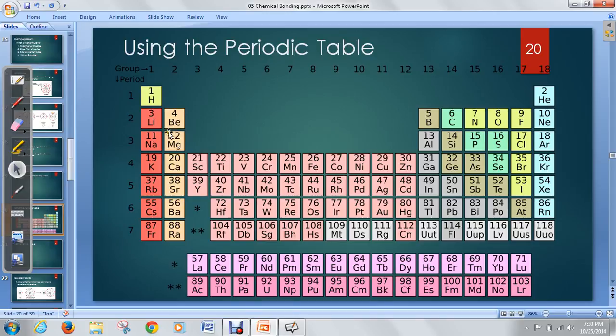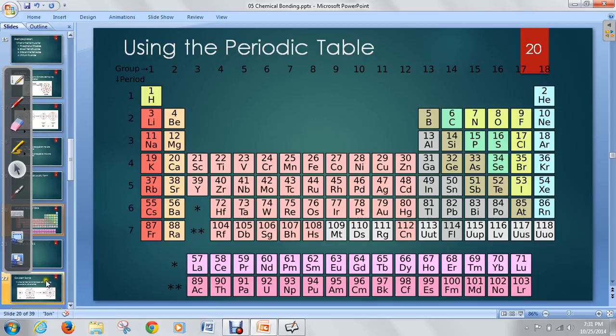But the point is, these elements on the very edge of the periodic table, column 1, column 2, and column 6 and column 7, they only need to get rid of or gain a few electrons. And so they really like to form ionic bonds. So if you see one of these guys with one of these guys, then it's probably an ionic bond.